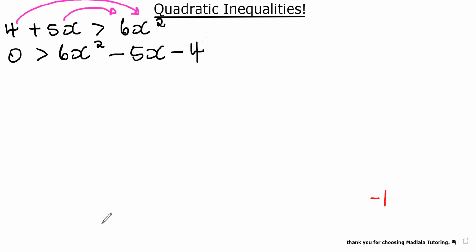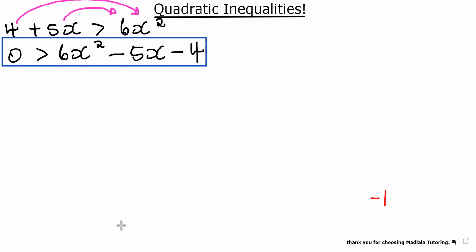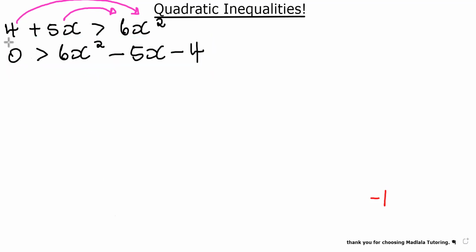Now, I want you to understand the meaning of what you just said here. Here you are saying 0 is greater than 6x squared minus 5x minus 4. But saying that 0 is greater than that is exactly the same as saying 6x squared minus 5x minus 4 is less than 0.